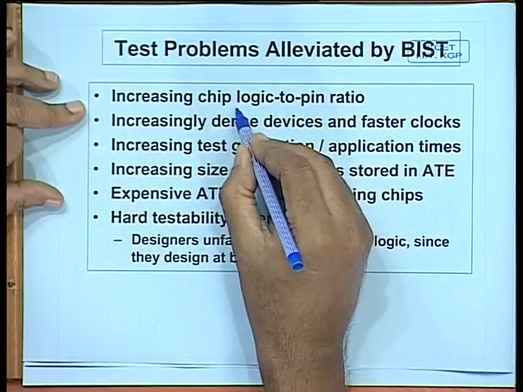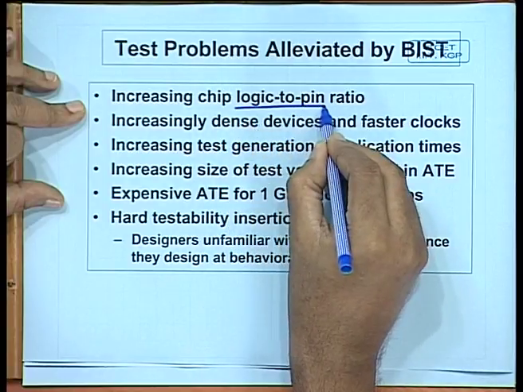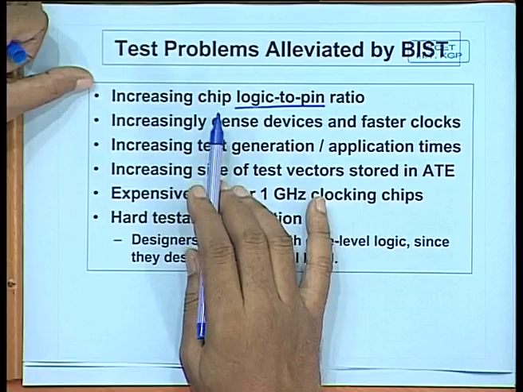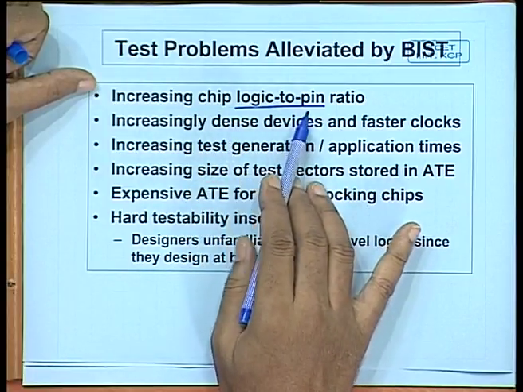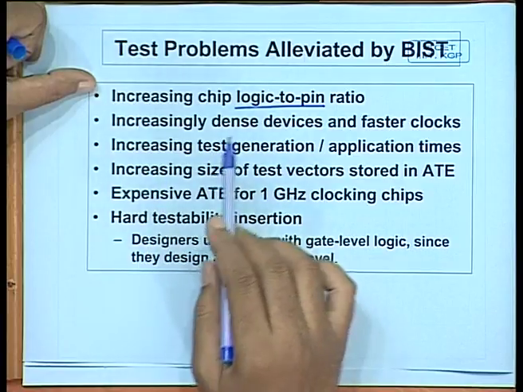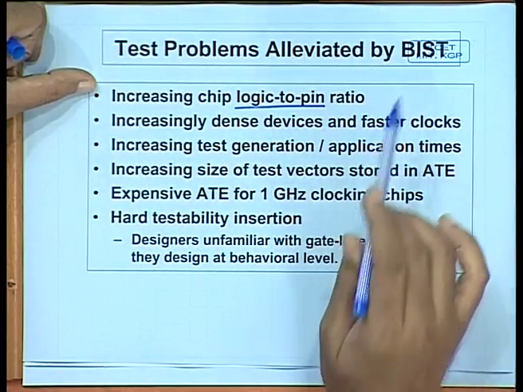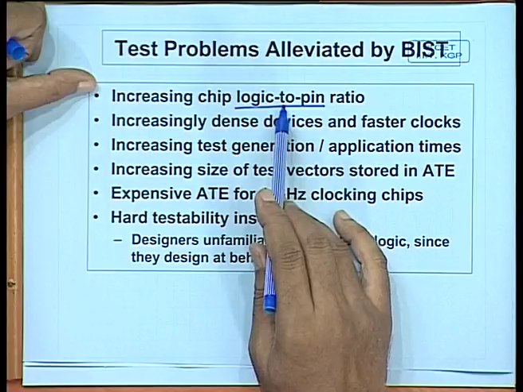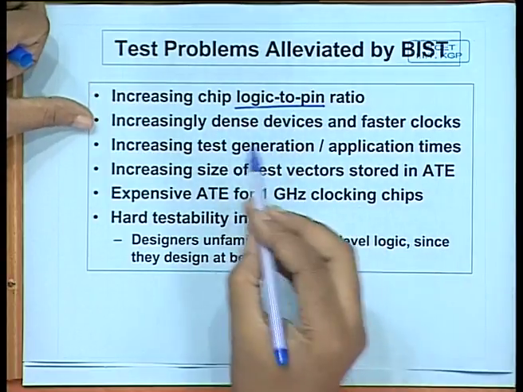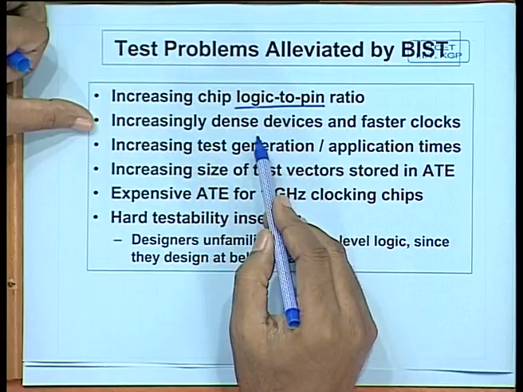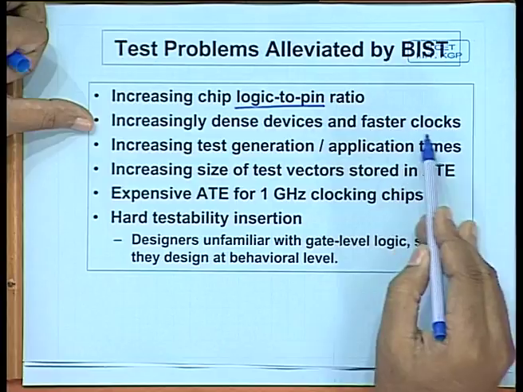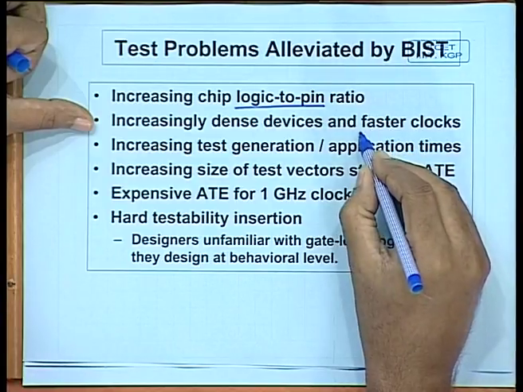So, the increasing chip logic to pin ratio is a major concern, which means that the controllability and observability of the logic inside the chip is going down every day. If you have some special purpose hardware inside the chip to test the logic inside, it will be much more beneficial. A related point is increasingly dense devices and, of course, faster clocks.